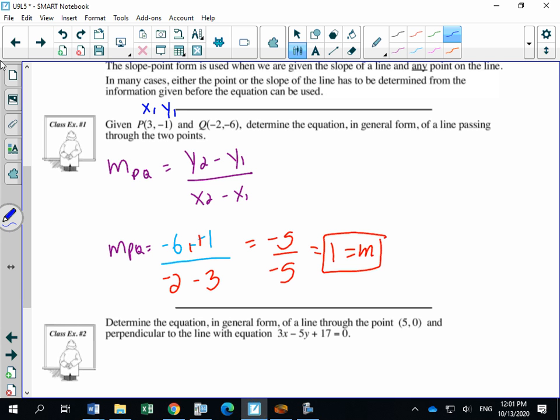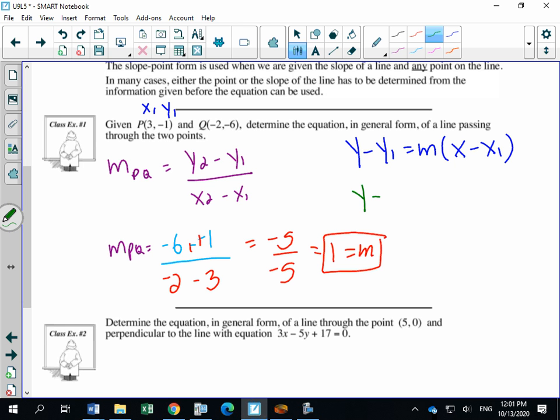And the equation in slope point form is y minus y1 is equal to the slope, open bracket, x minus x1. Okay, so let's fill this in. Y minus, so Jack, instead of putting y minus minus 1, what do you want me to put? So what does that clean up to be?